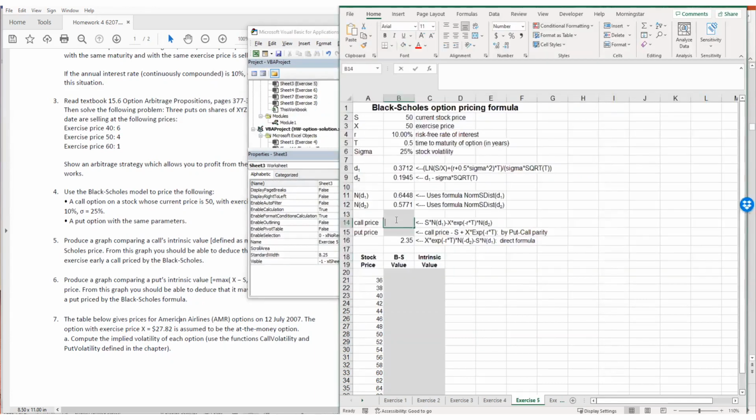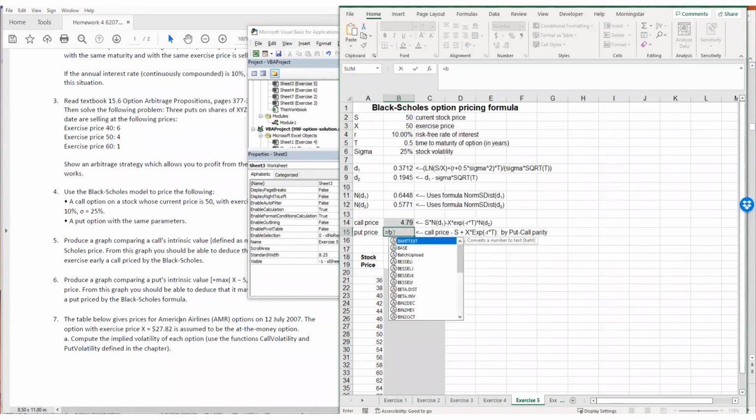So I have it here. So I'm going to calculate Black-Scholes call: stock price, exercise price, time to maturity, interest rate, and sigma. And Black-Scholes put: stock price, exercise price, time to maturity, interest rate, and volatility.